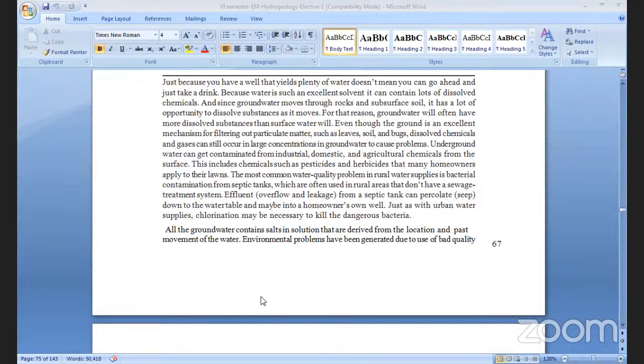The effluent from the septic tank percolates down to the water table, and it also leads to groundwater contamination.